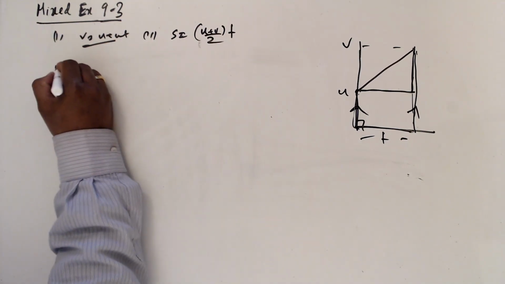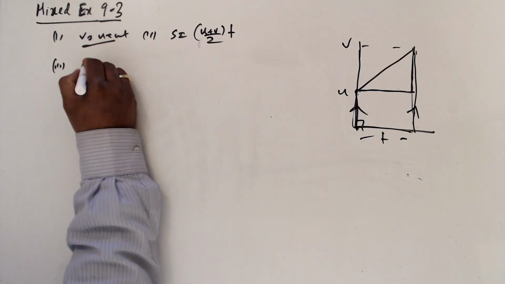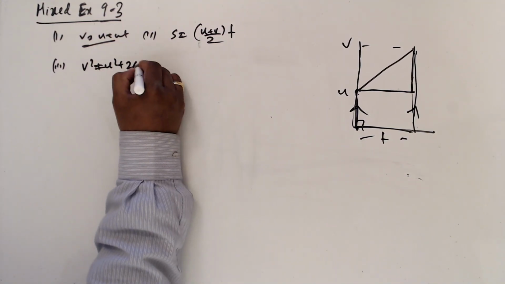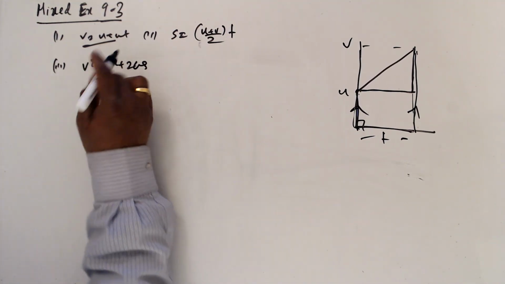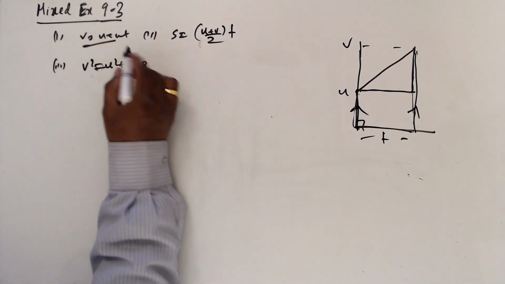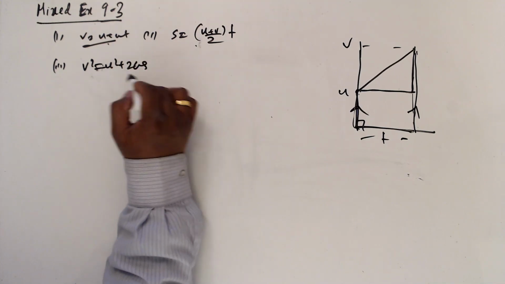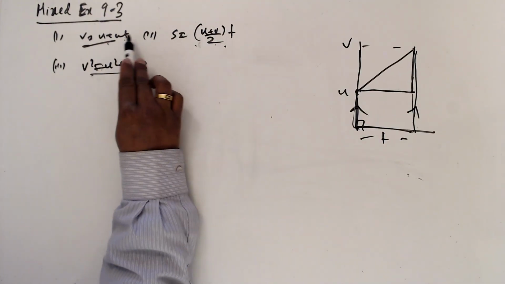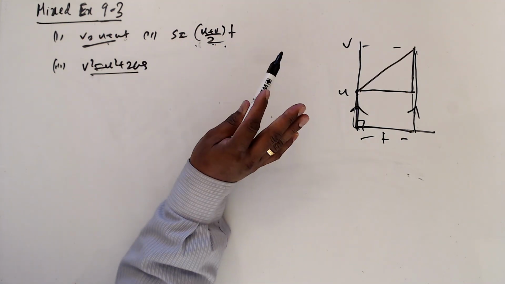Now we want to show that V squared equals U squared plus 2AS. When you look at these two equations, which one is missing here? T. So then you have to substitute, get rid of T from here. That's all you need to do.